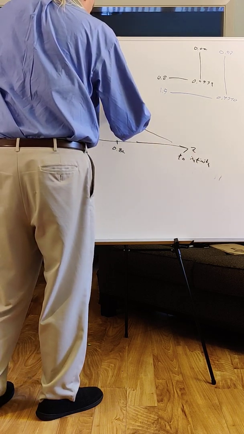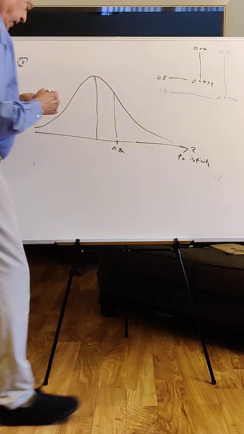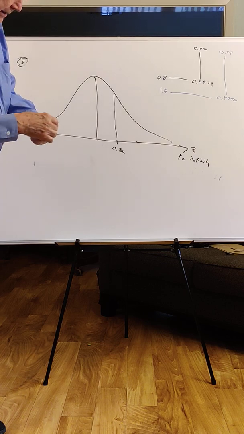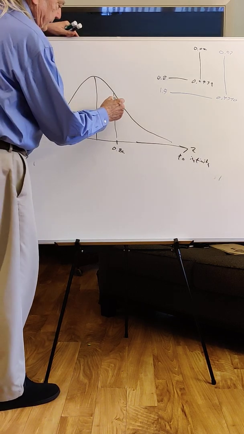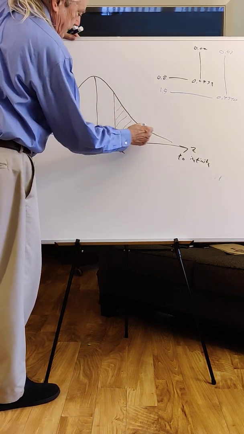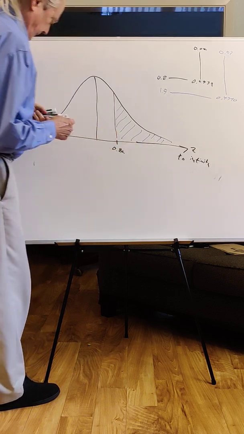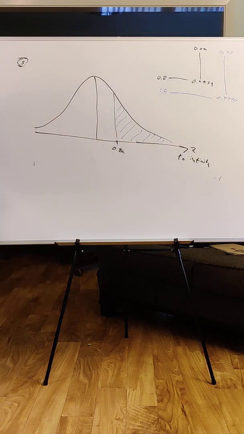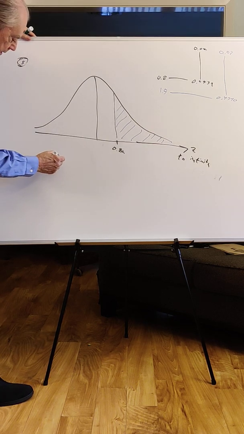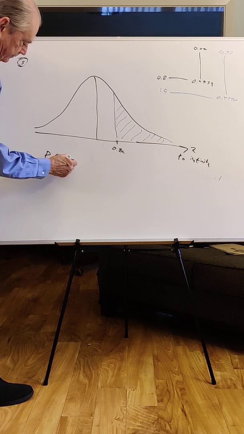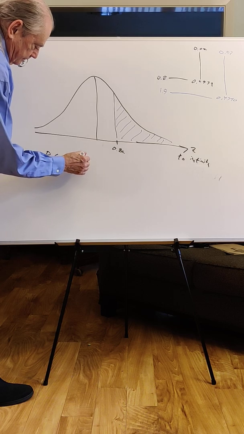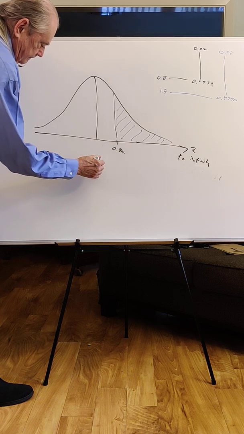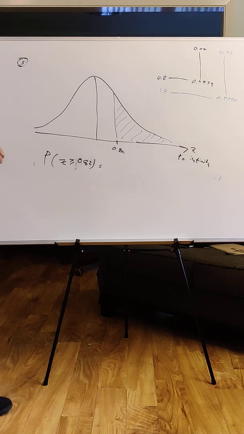All right, so this is called a tail, TAIL, under the standard normal curve. So we're trying to find the probability that z is greater than or equal to 0.82, excuse me. How do we do that?